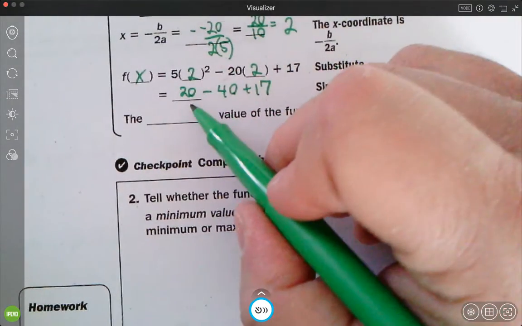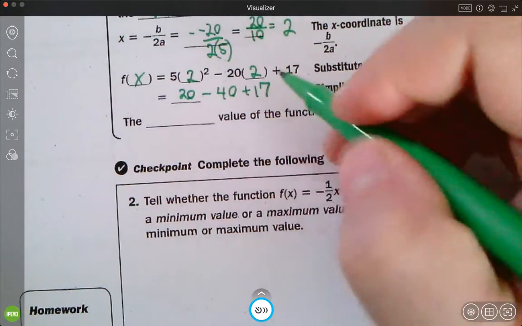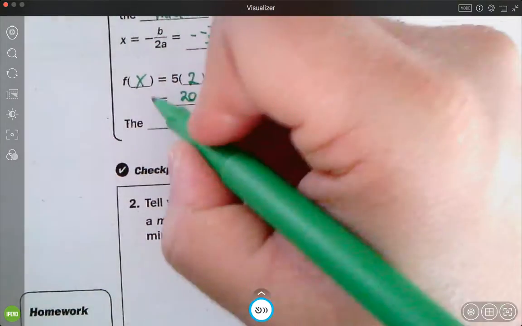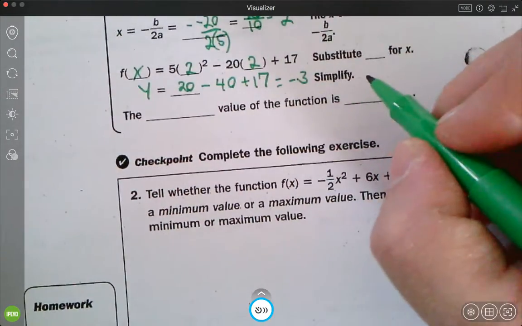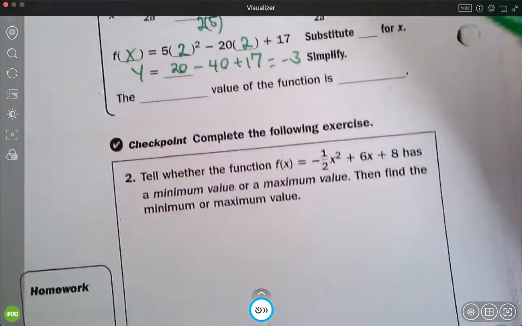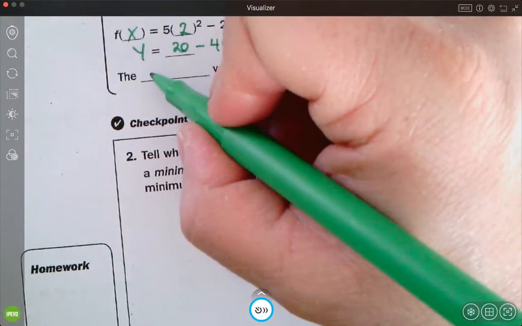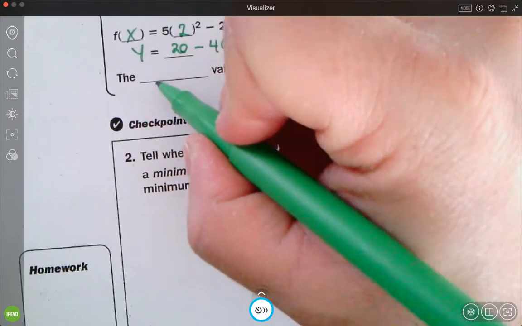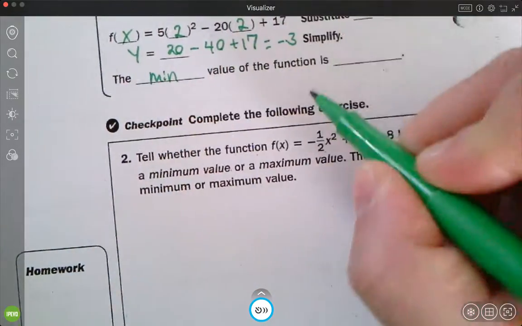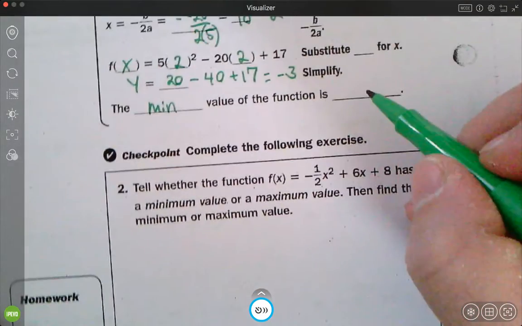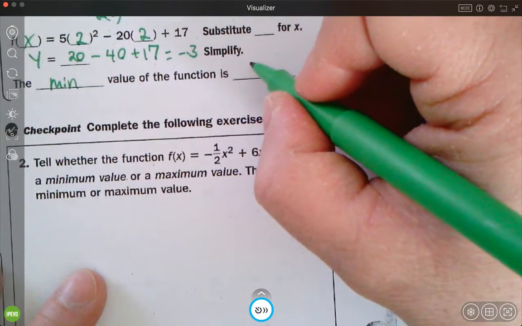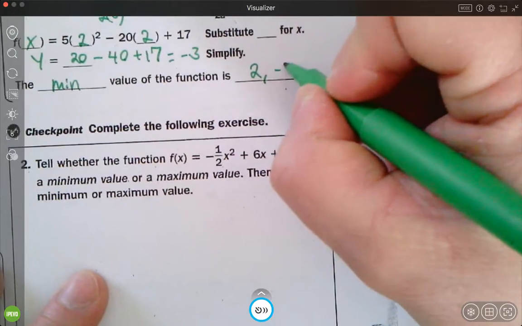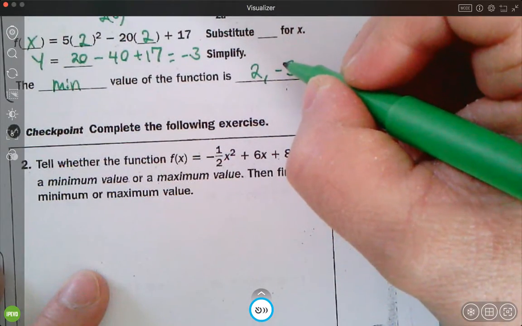So that's going to be negative 20 plus 17. It's negative 3. So I know my y equals negative 3, or my f of x equals negative 3. So to finally answer this question, I'm going to write the minimum value of this function is at the vertex coordinate. Here it comes. Remember, my x was 2, comma, negative 3.